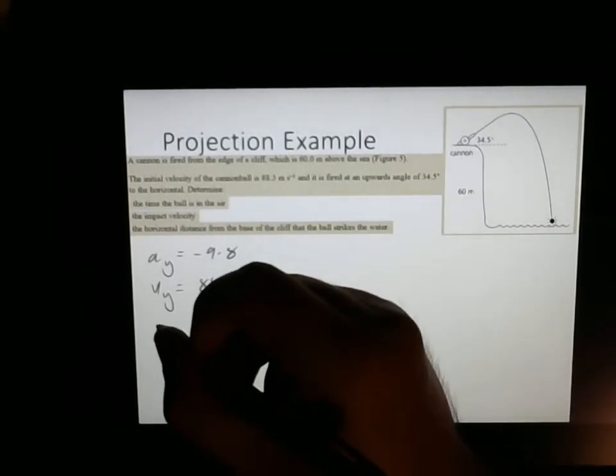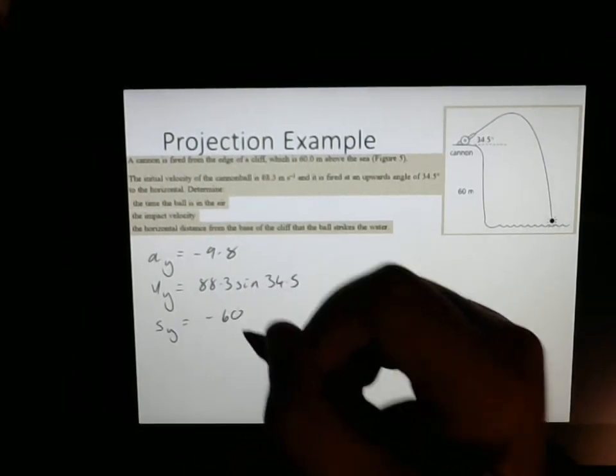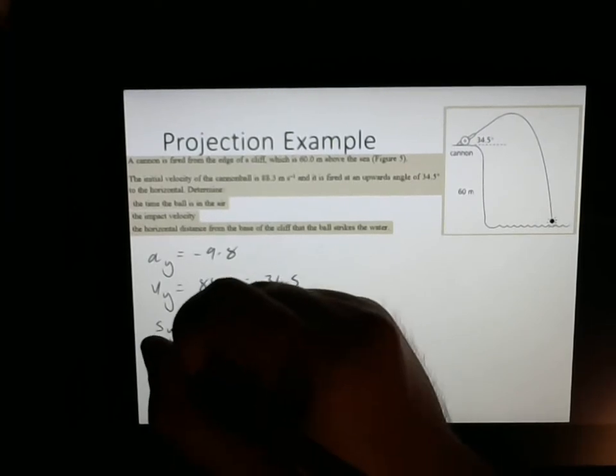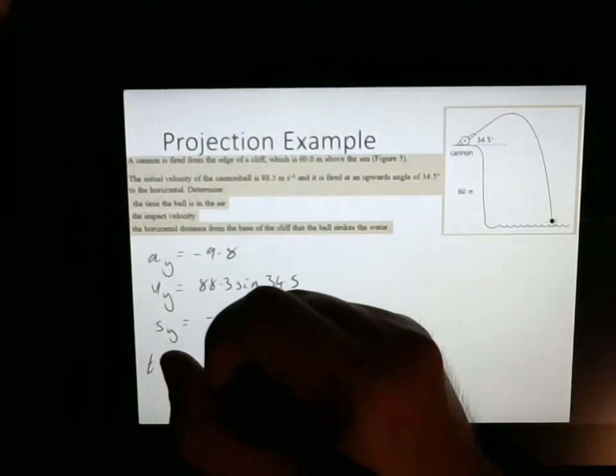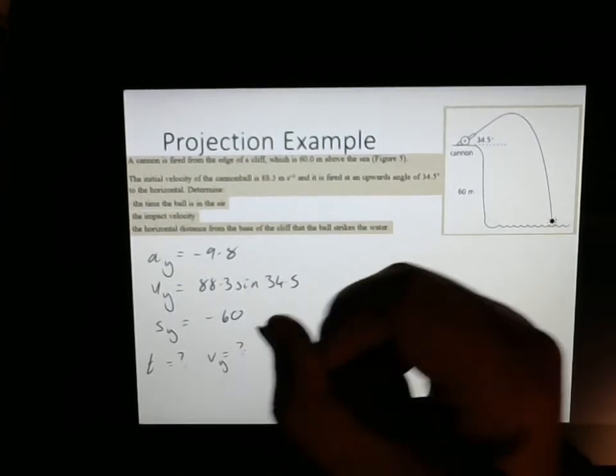We know that its displacement in the y is equal to negative 60 because it is falling down. We want to know what is its t. Okay, and we're also going to need to know what is its v in the y direction for our next bit.